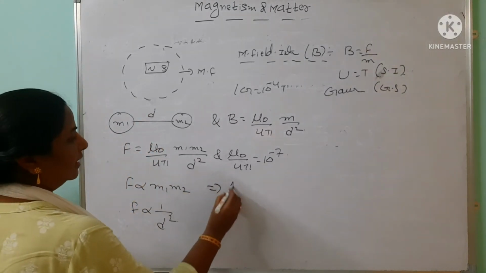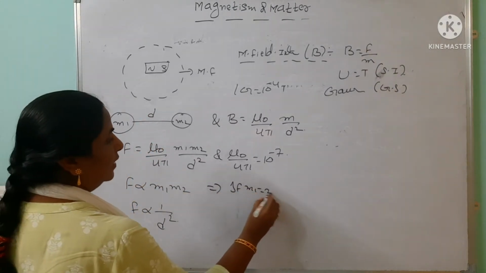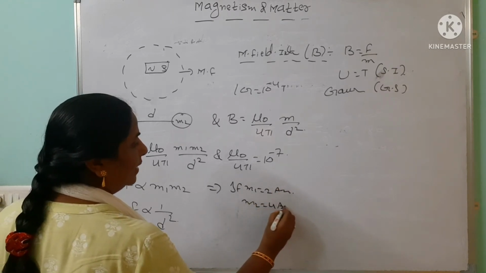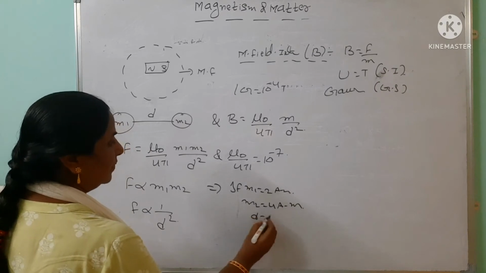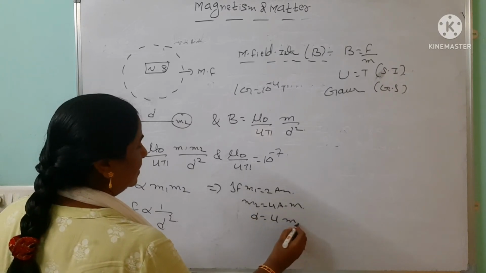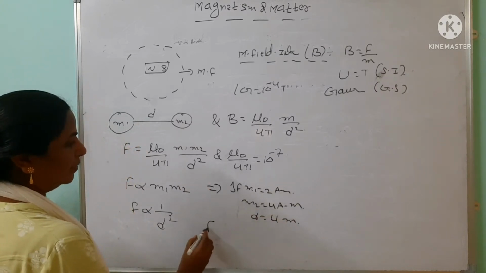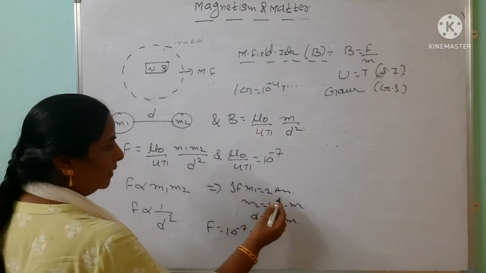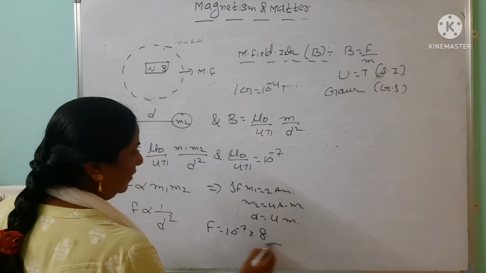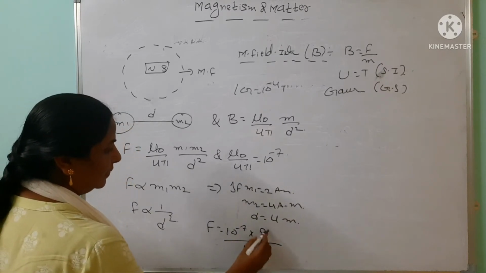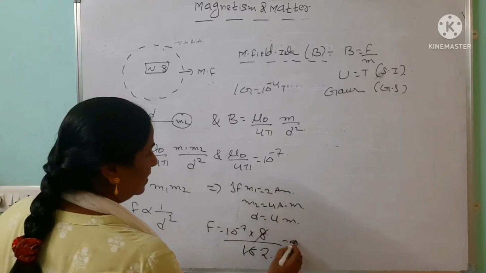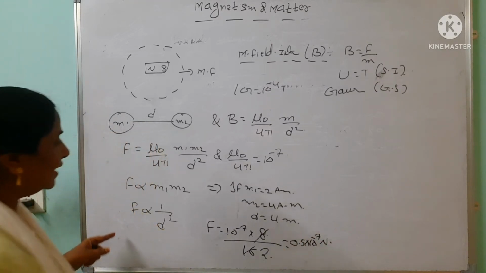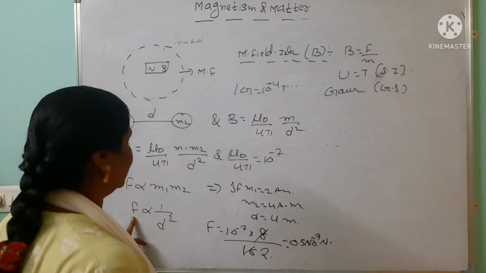Suppose M1 equals 2 ampere meter, M2 equals 4 ampere meter, and d is 4 meters. Then how do we find the force acting between them? This is 10 to the power of minus 7, 2 into 4, 8, divided by distance square, 16. So the answer is how much? 0.5 into 10 to the power of minus 7 newtons. Like that we can calculate the force.